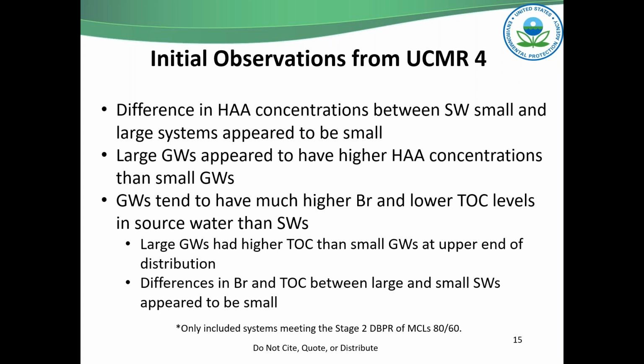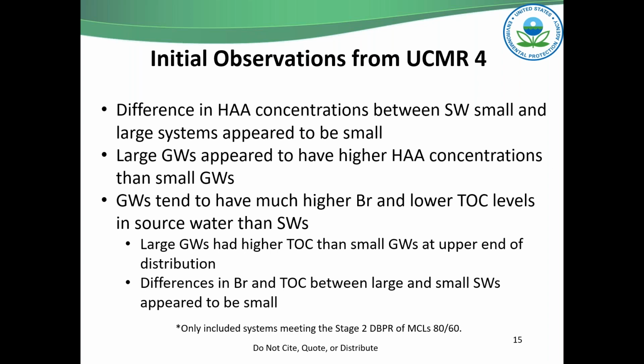Based on what we've seen so far, we're noticing certain relationships in this data, and that is that the concentrations between small and large surface water systems of the haloacetic acid groupings appear to be relatively small, whereas among groundwater systems, the larger ones tend to have higher haloacetic acid concentrations than the smaller groundwaters.